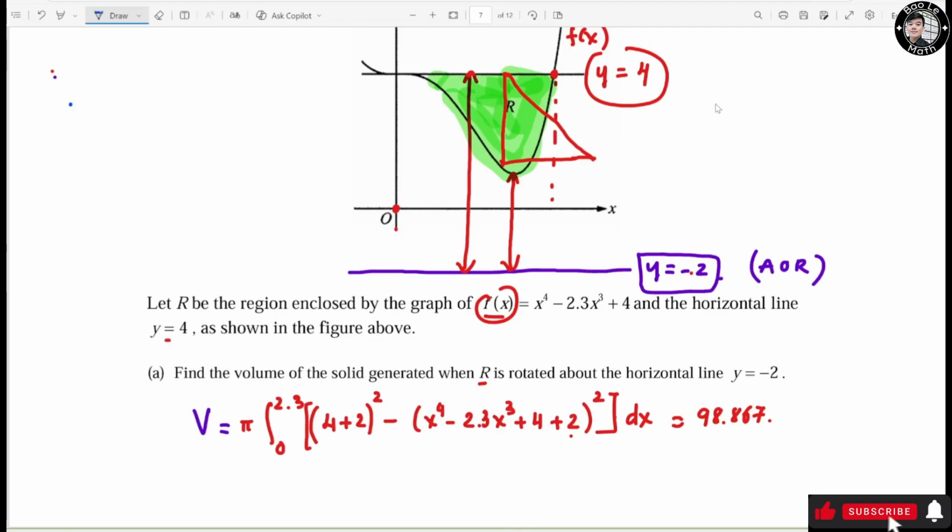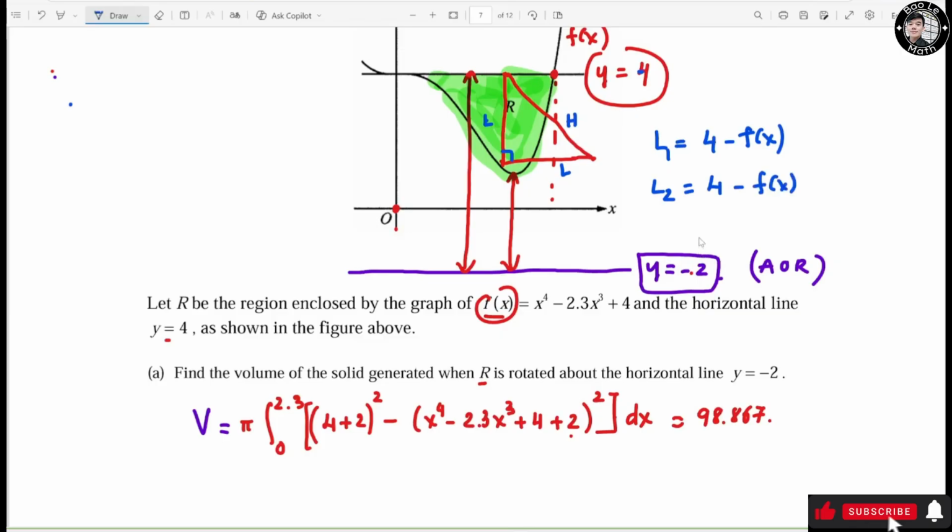So you know the area of the right triangle, this is the right angle right here, this is the hypotenuse, this is one leg and this is the other leg. Now the leg is the difference between y equals 4 and the function f of s, so it should be 4 subtract f of s. Since this is an isosceles right triangle, this is leg 1 and leg 2 is still 4 minus f of s.